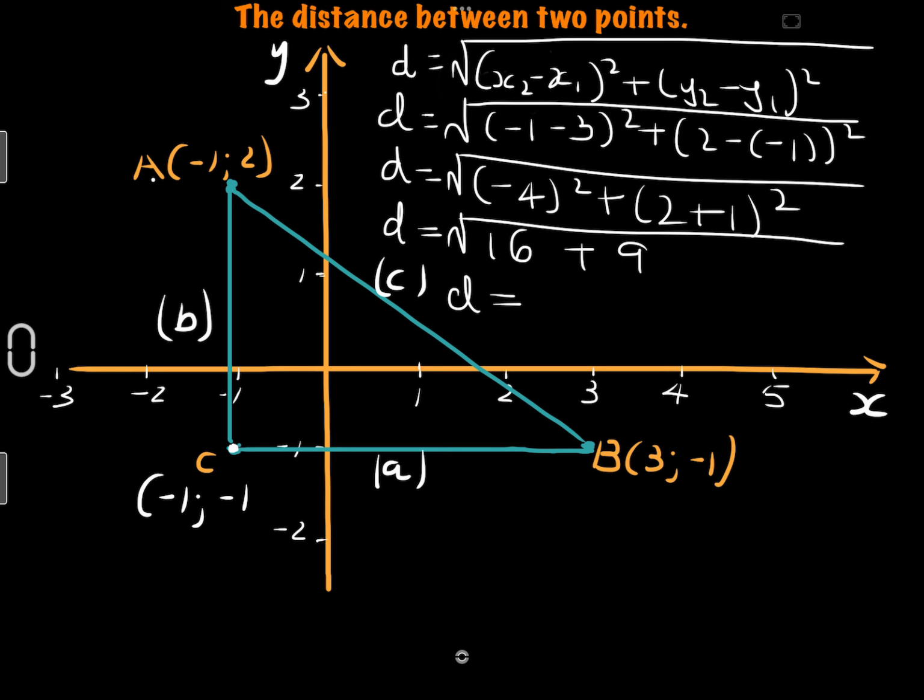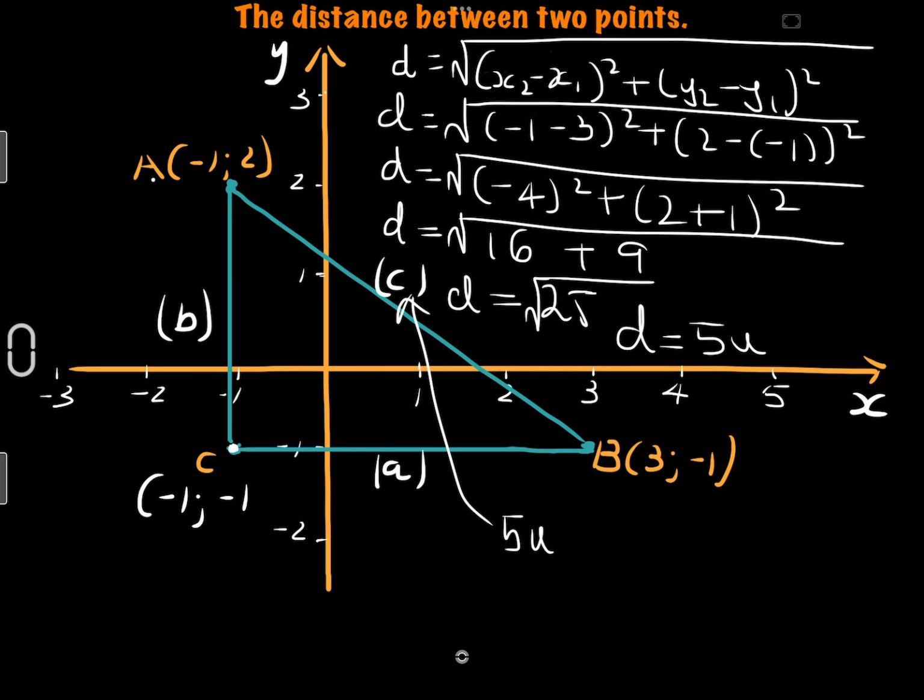D is equal to 16 plus 9 gives us 25, and still square rooting this, D is therefore equal to 5 units. So in other words, our distance is equal to 5 units. That's our distance. That's what you are asked to find.